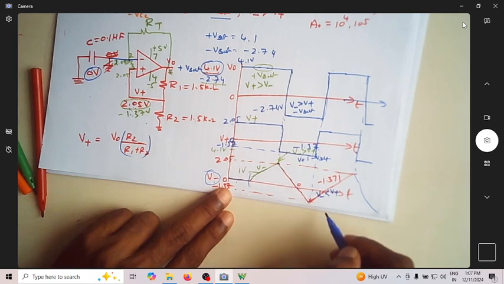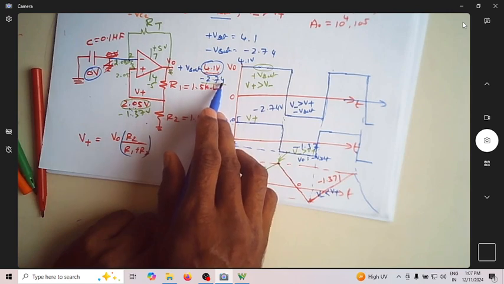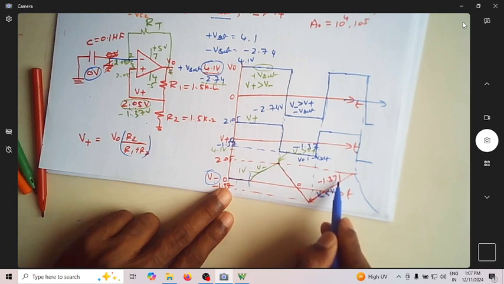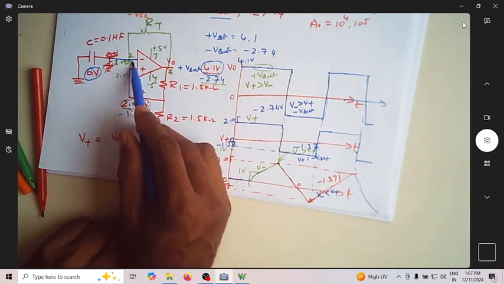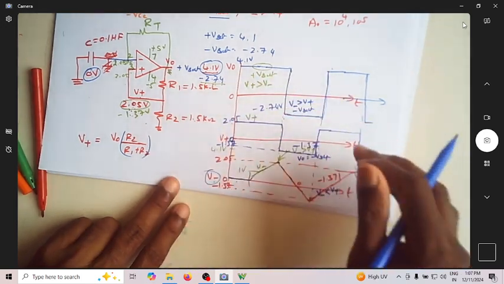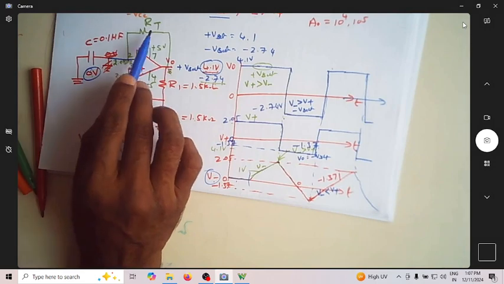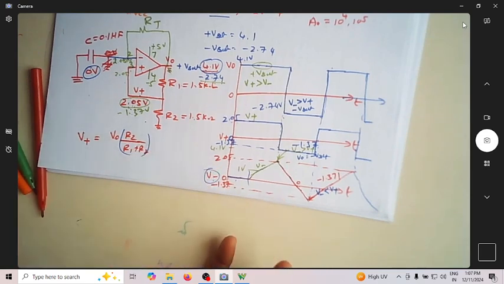So on its way towards minus 2.74, whenever it crosses minus 1.37 volts, then V plus will become more than V minus. So then the output will make a transition from minus to plus. So this operation continues. So now the moment you connect this RT to this, it keeps on charging, discharging, charging, discharging without stopping.